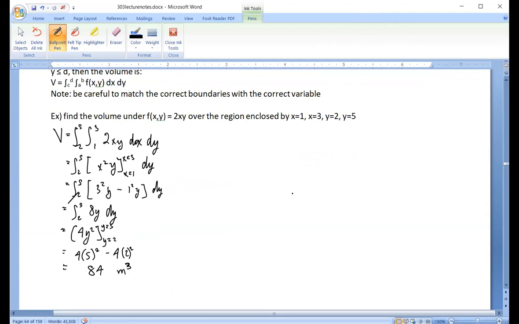Sorry, the screen seems to have disappeared, I'm not sure why. Anyway, we did this calculation before. We could just switch the order and switch the boundaries because they were constants.